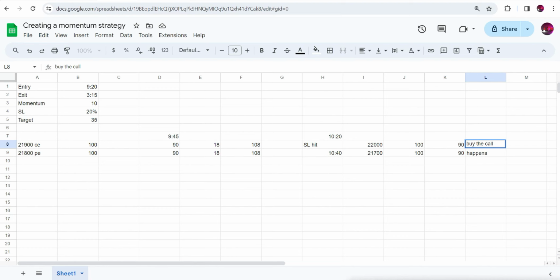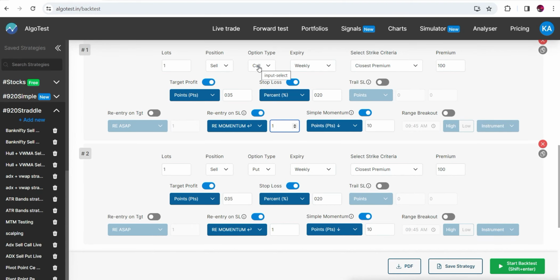Because our initial position was to sell the call, but what re-momentum reverse does is reverse our position. It will work the same as re-momentum re-entry, in that it will take entry only if the momentum happens, but it will reverse the position from sell the call to buy the call. So this is how the re-momentum reverse feature works.